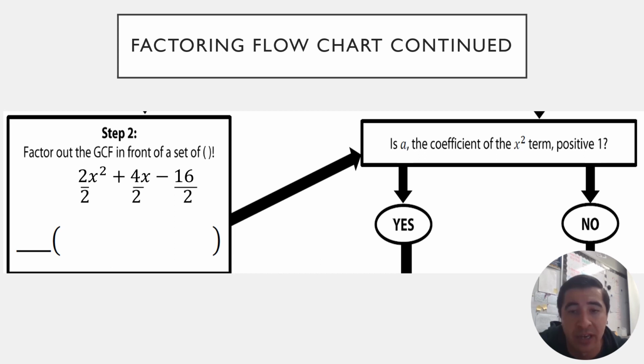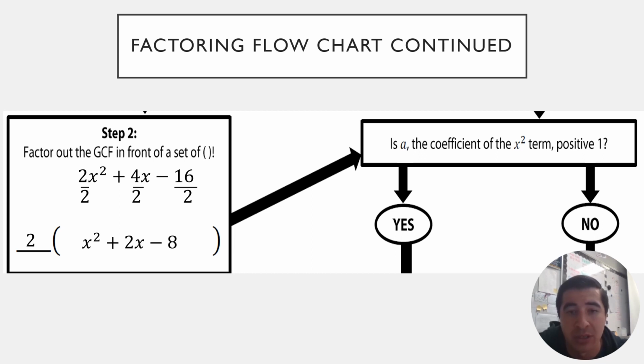After I divide each term by 2, I would take that 2 and place it outside the parentheses, and inside the parentheses is my simplified standard form. So 2 divided by 2 is 1, or x squared. 4 divided by 2 is 2, so 2x. And negative 16 divided by 2 is negative 8. That would be my new standard form that I would be using to factor.